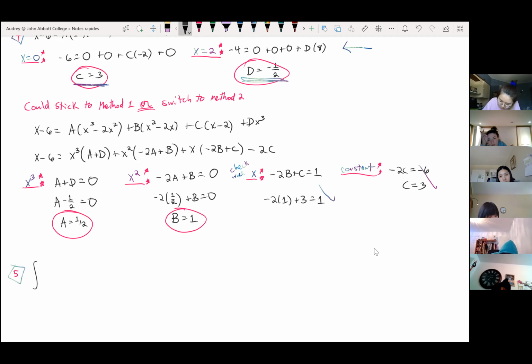So then we have the integral of a over x plus b over x squared plus c over x cubed plus d over x minus 2. And then we have our answer.